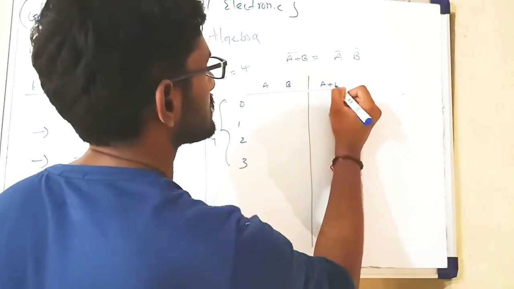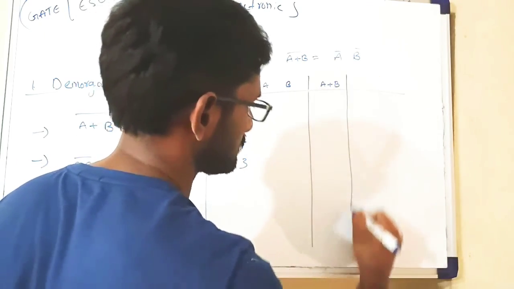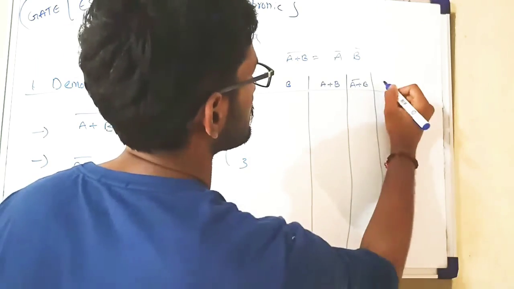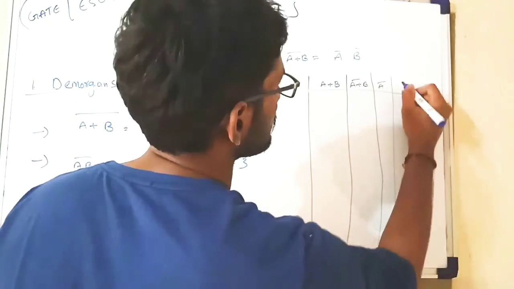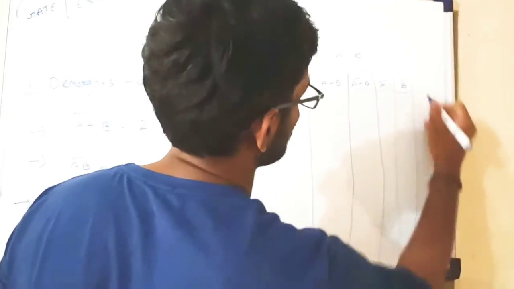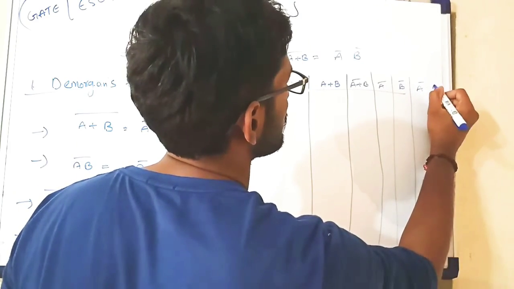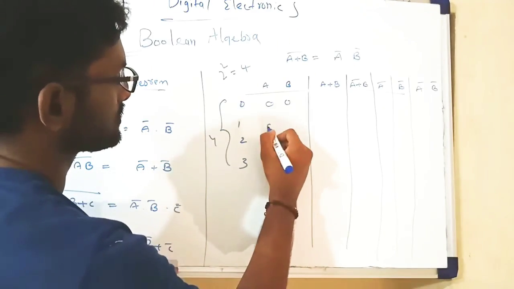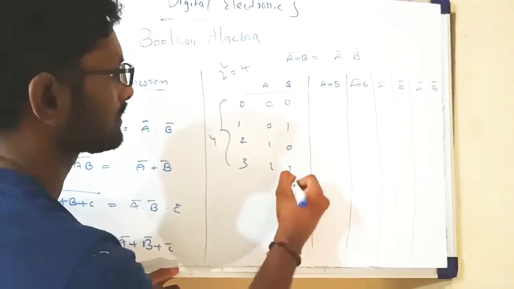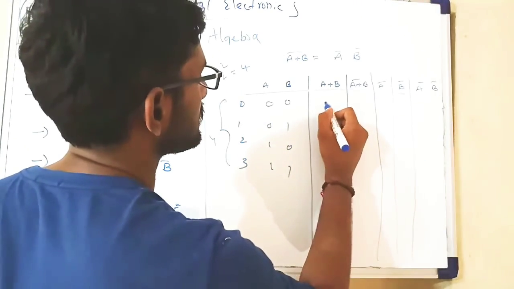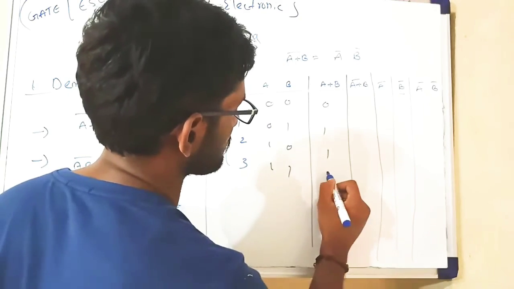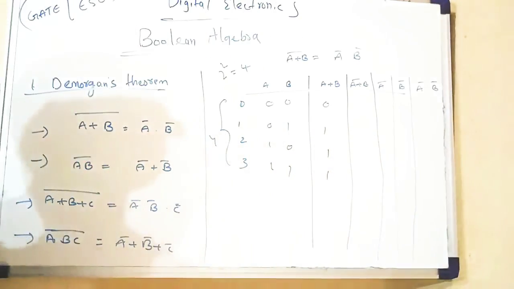I am taking here A plus B whole bar, this is A bar, this is B bar, this is A bar dot B bar. The 4 combinations are 00, 01, 10, 11. Here A plus B means 0, A plus B means 1, A plus B is 1, A plus B is 1 plus 1 which is 1.